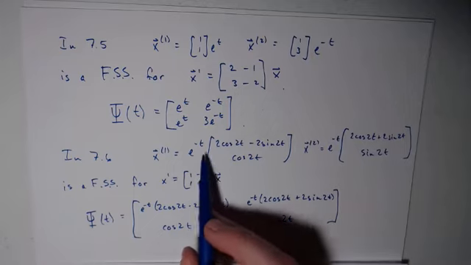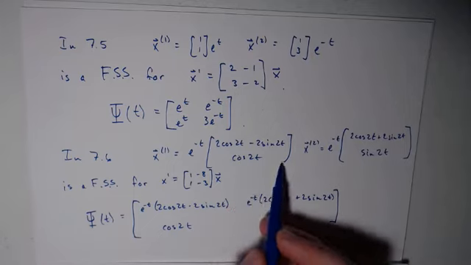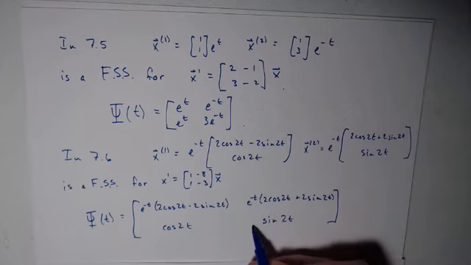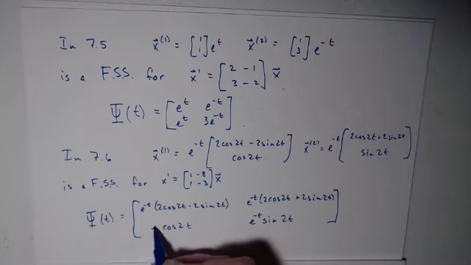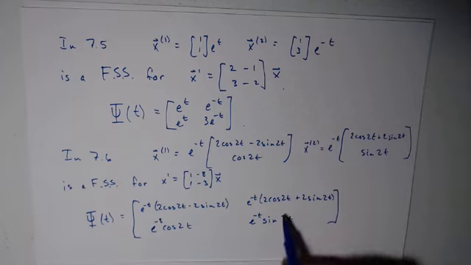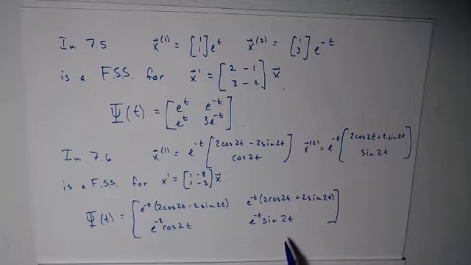You just got to make your matrix bigger. So distribute the e to the negative t into that vector, and that's this column. Distribute it in, and then that's this column.